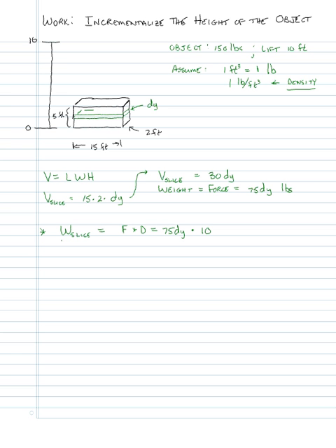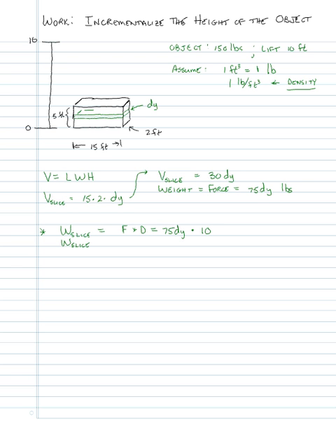So we could say the work required to lift that. Now, we're not lifting the slice to the 10-foot level. When we lift the whole object, all parts of that object are being lifted 10 feet. The bottom of that object will be at the 10 feet level, but the slice will be above that. The slice is going to move 10 feet.